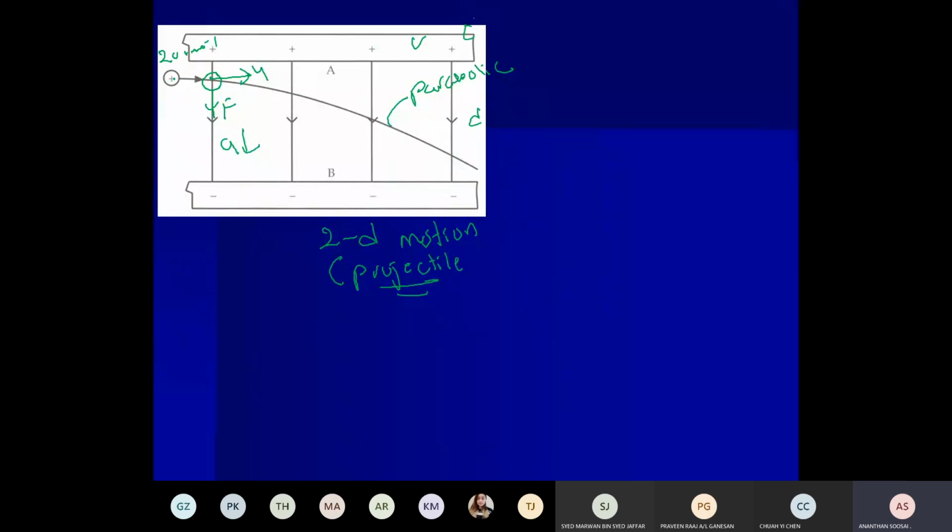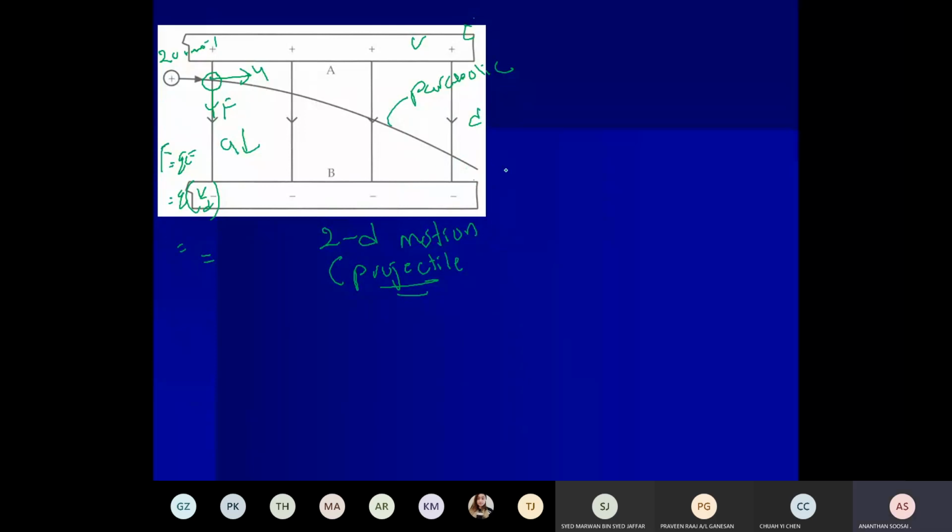So the first question they will ask is, when the charged particle gets in, what is the force the charged particle experiences? So use your electric field knowledge. Force is QE, and we know E is V over D. We can find the force. Then after you find the force, we can find the acceleration of the charged particle. Once you know acceleration, they will ask, what is the time taken for this charge to cross the plate?